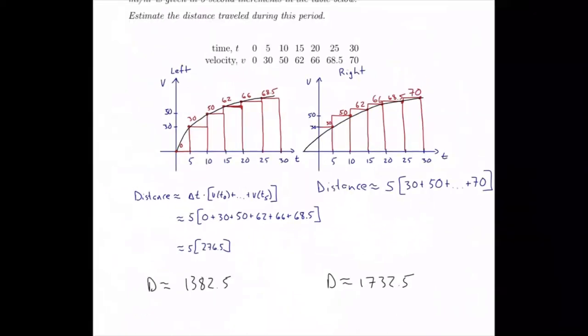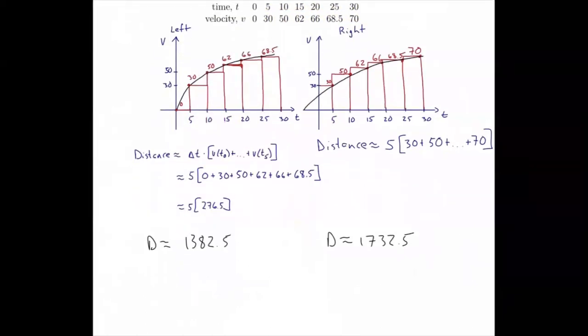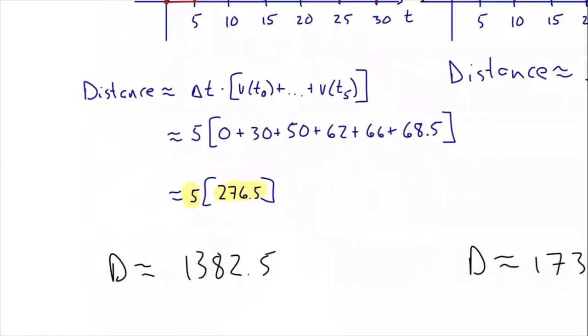Again, like I said, you might have to deal with this being in miles per hour and this being in seconds. The only thing you really have to do is realize at the end here that this is a unit in seconds, this is a unit in miles per hour, and you should probably convert one or the other. Probably it's easier to convert 5 seconds to whatever that is in hours, right?